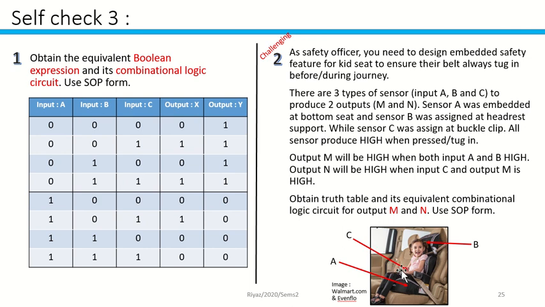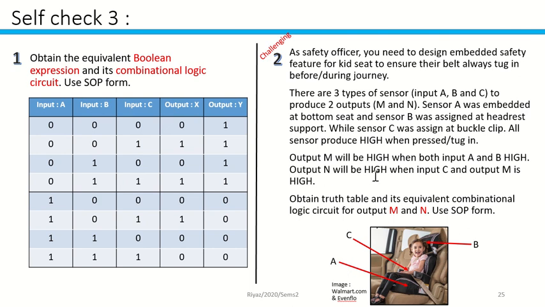Whenever you plug in, it becomes high. It is 1 when there is a press or tugging. For the output M, it will become high. We want output M to become high when both input A and B are high. When A and B are high, your M will become high.